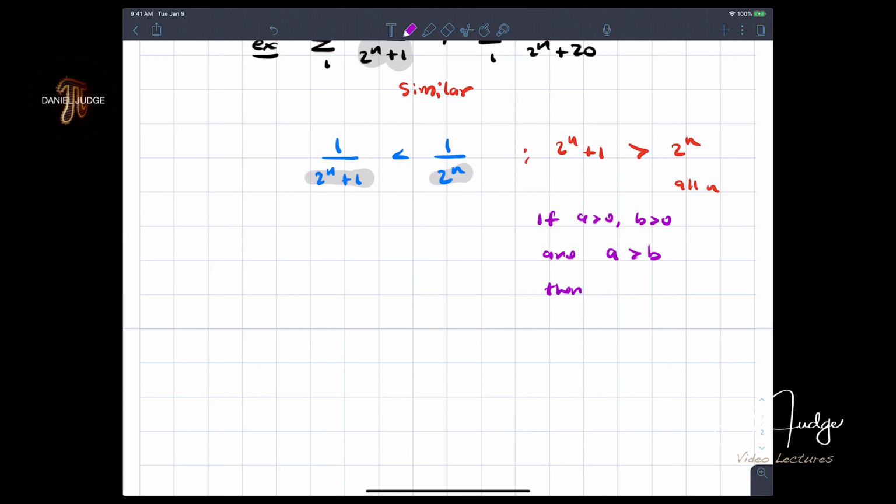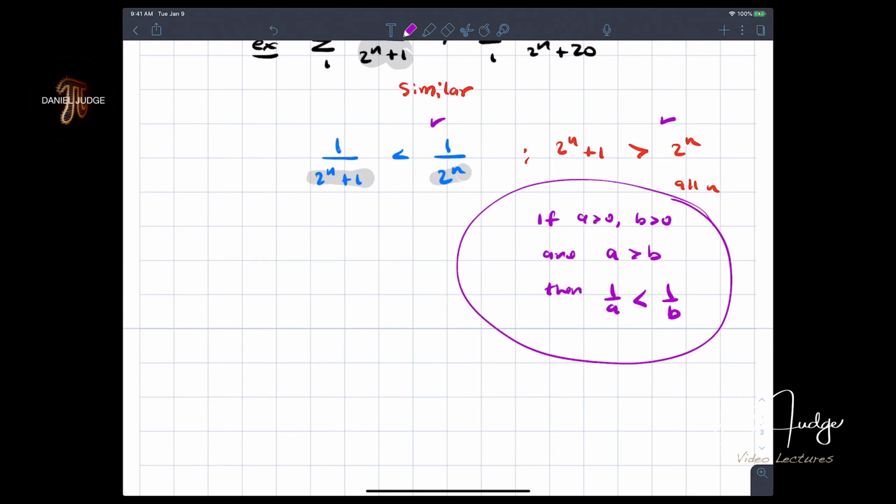I can say 1 over A versus 1 over B, and it's going to be pointing to this 1 over A. I can prove that, but the point I'm making is we can transition from here to over here, and the direction simply flips with your inequality, okay?